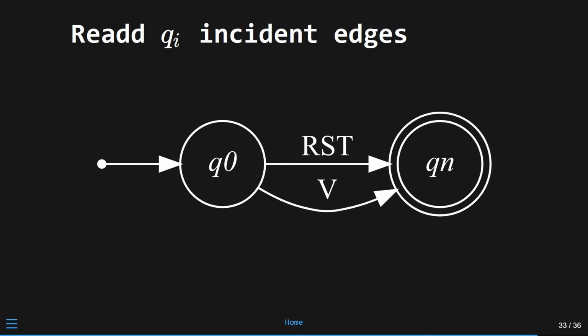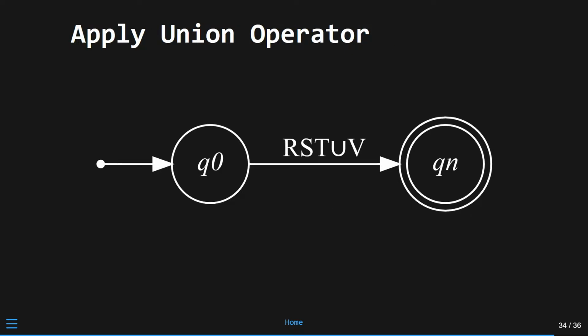I add those edges back in, R, S star, T, right? I am required by law to only have one edge, so I'm going to combine those two edges. A little thing I like to call union. And this is equivalent. It accepts all the same strings, and it has one fewer state.